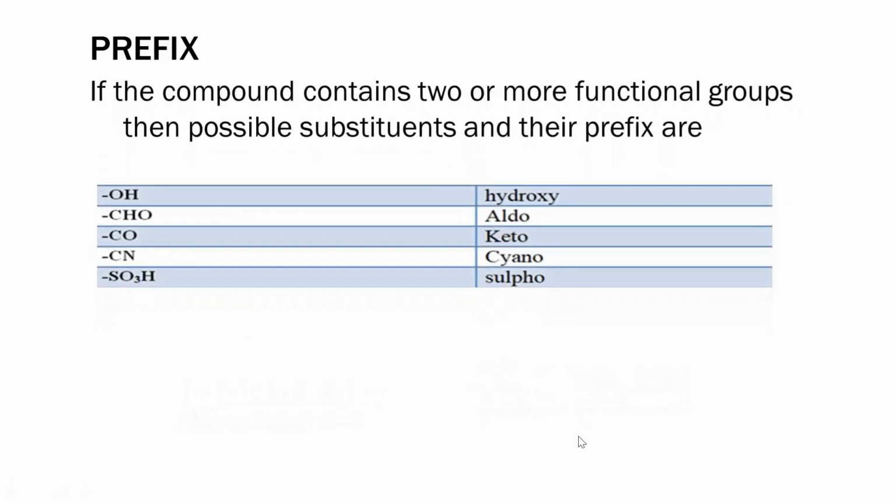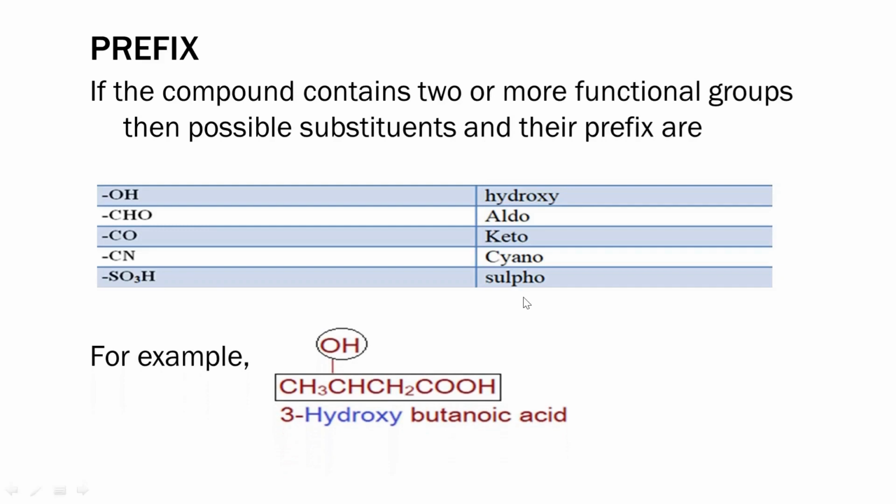Alright. Now, if a compound contains 2 or more functional groups, then possible substituents and their prefixes are: if OH comes as a substituent, then we use hydroxy, for CHO we use aldo, for CO we use keto, for CN we use cyano, for SO3H we use sulfo. For example, here we have 2 functional groups, COOH and OH.